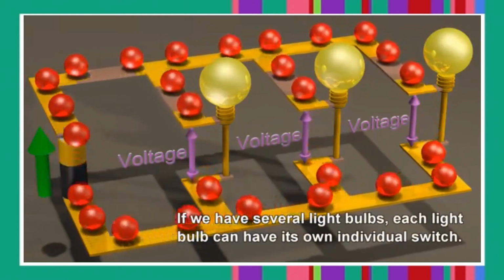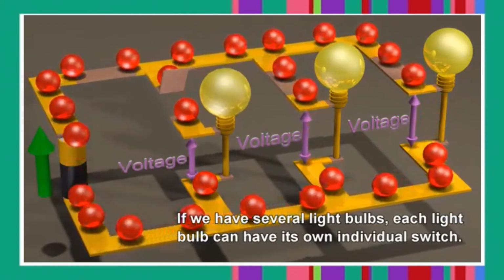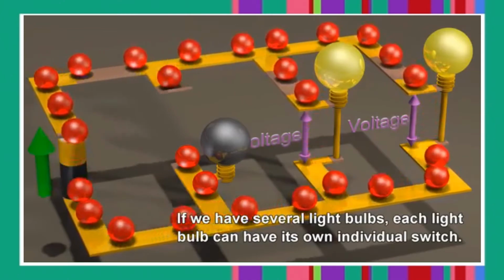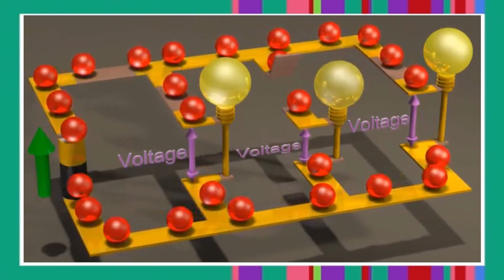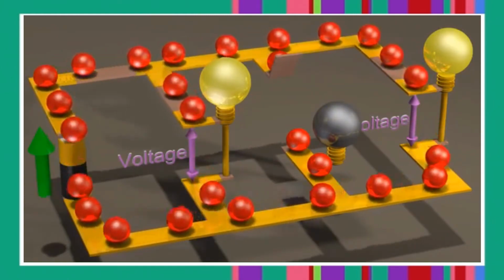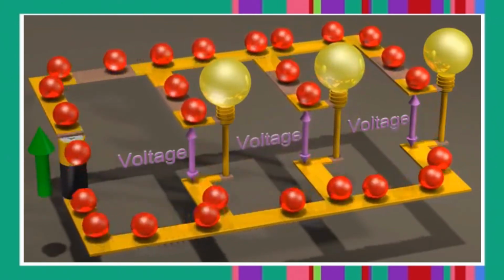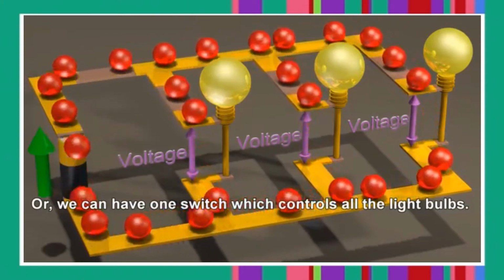If we have several light bulbs, each light bulb can have its own individual switch. Or we can have one switch which controls all the light bulbs.